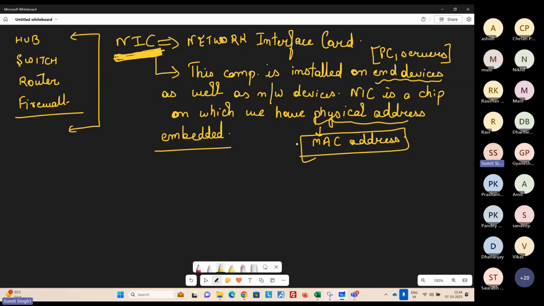Whenever you access the internet, you do it with the help of an IP address, and the physical address is your name. The IP address that you get from your DHCP server or via any other static means is assigned to your NIC, to your physical address. That is why we say that without NIC you cannot communicate over the internet, because without NIC you will not get an IP address, guys. Your DHCP server assigns an IP address with regards to your MAC address.